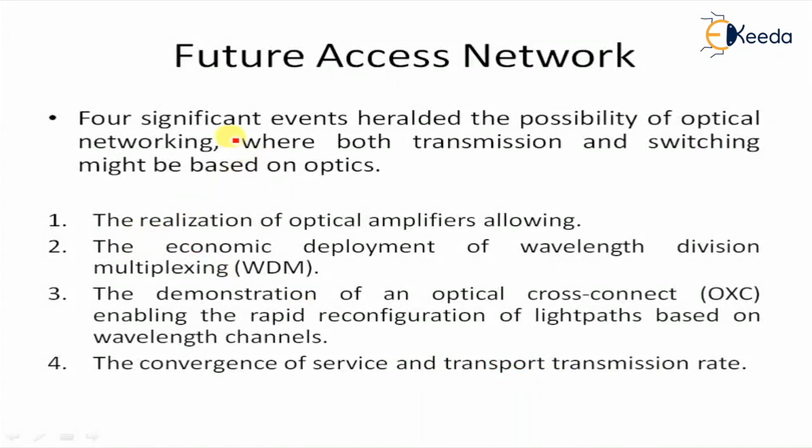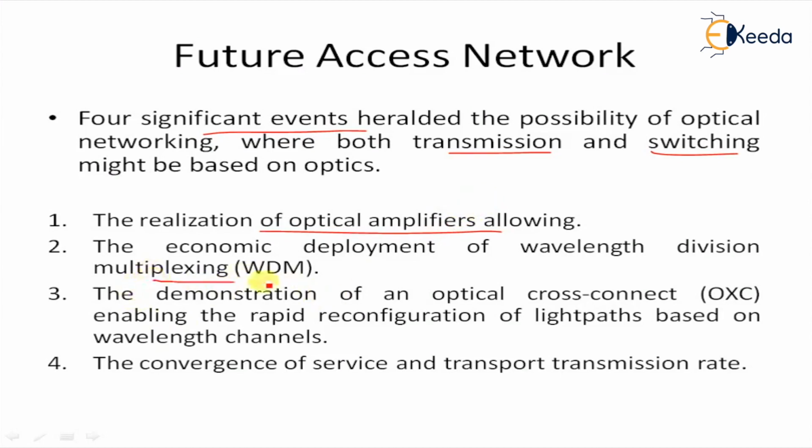So, four significant events have opened the possibility of optical networking, where both transmission and switching are based on optical technology. First is the realization of the amplifier, which produces better service for the end user and also the business user, for different residential and scientific application purposes. Second, the economic development of WDM.